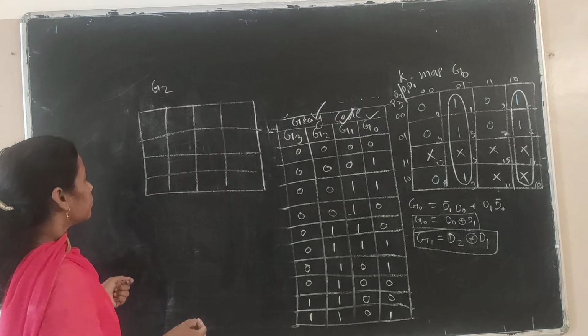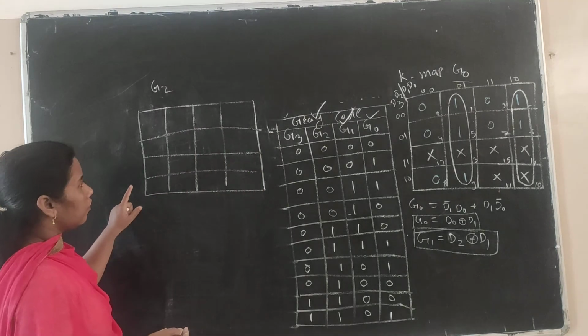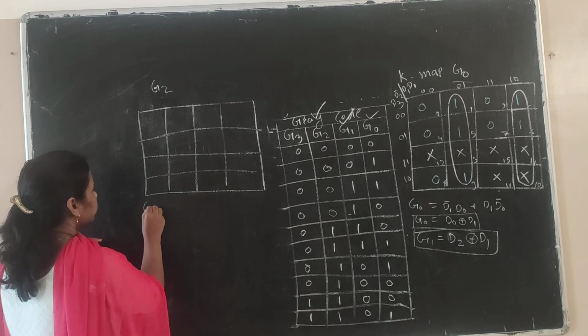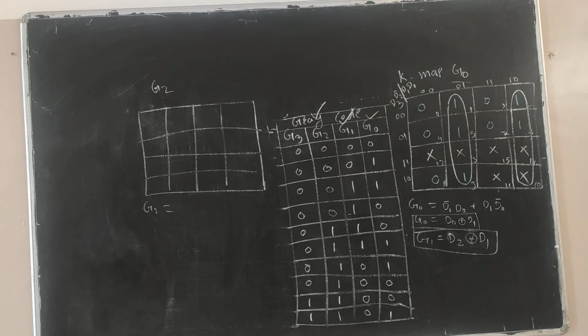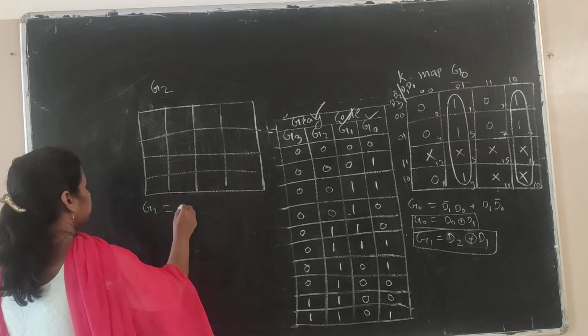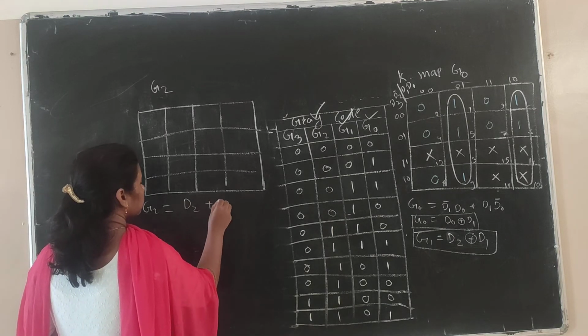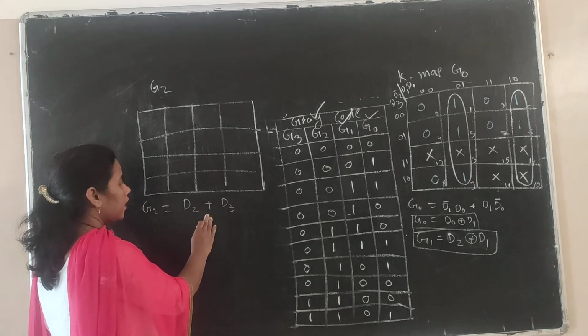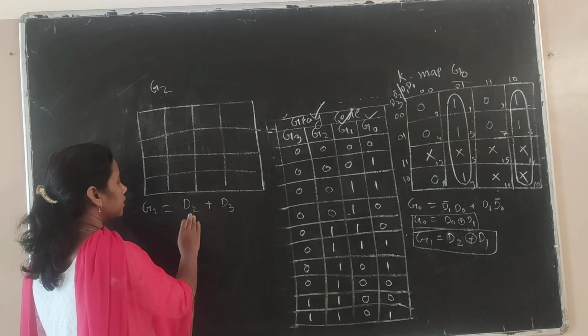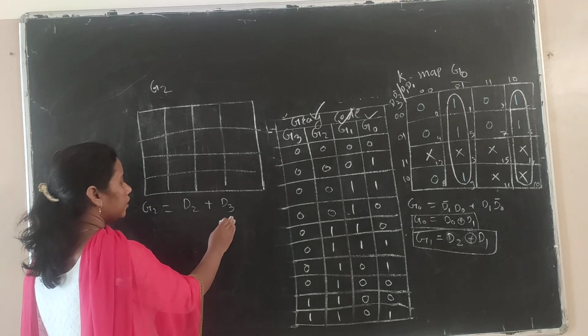Okay, for this we can put the equation for G2, in the same manner we can find out the equation for G2 is D2 plus D3. Remember that there is no XOR, simply addition, D2 or D3.